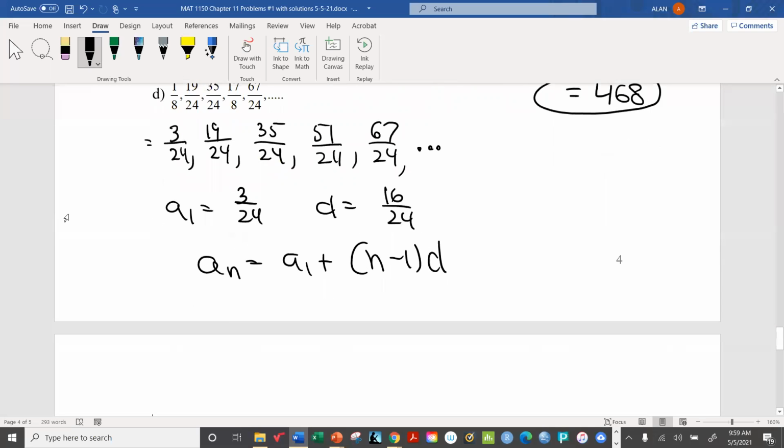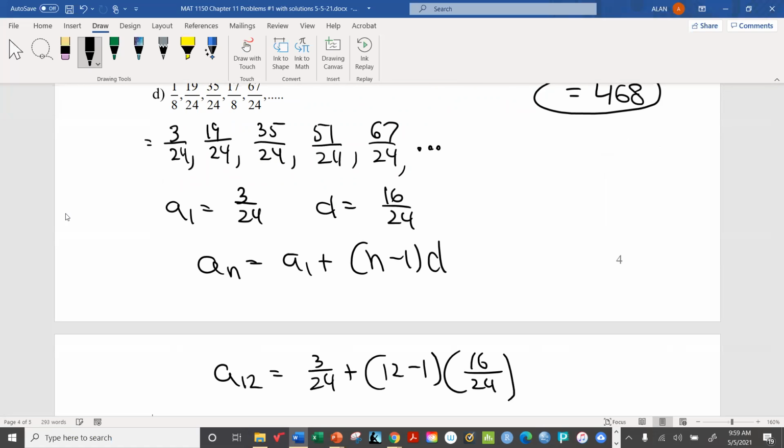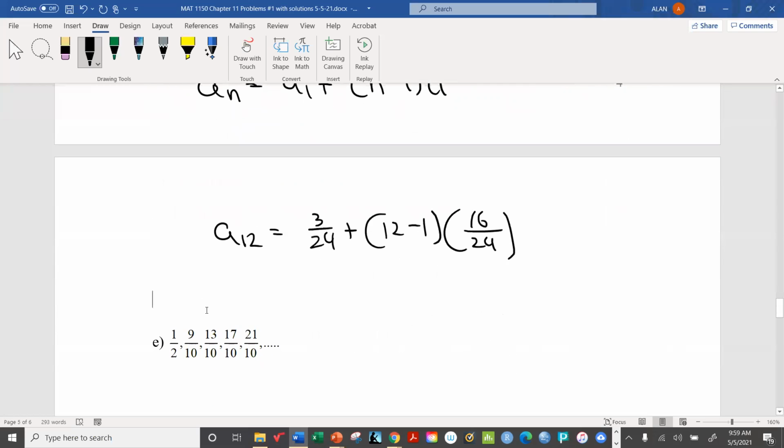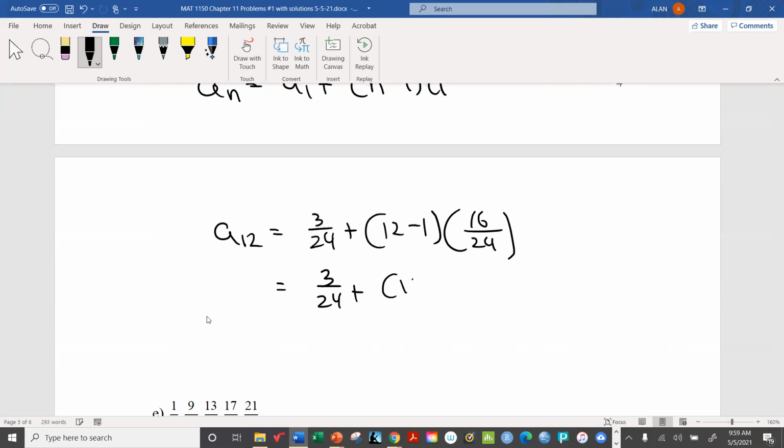so let's plug everything in here. All right. And that equals 3 over 24 plus 11 times 16 over 24.